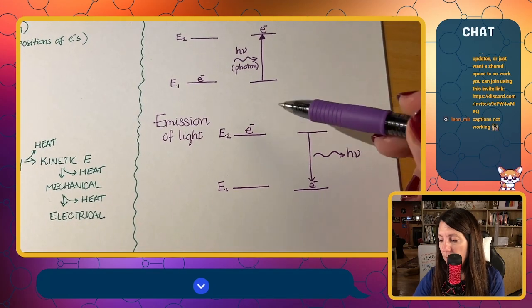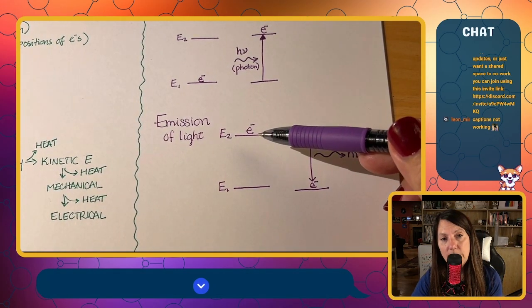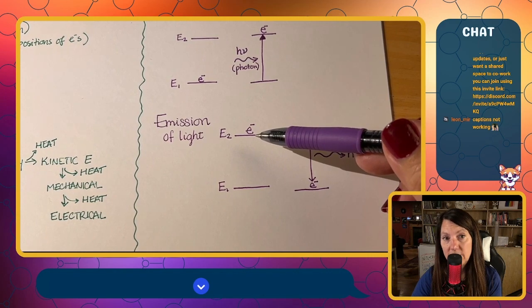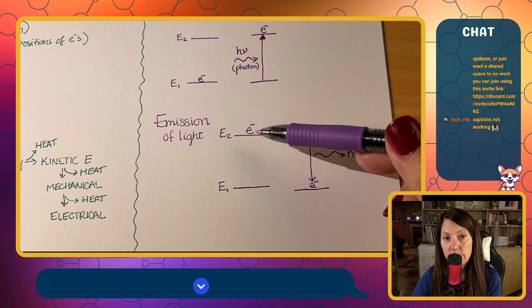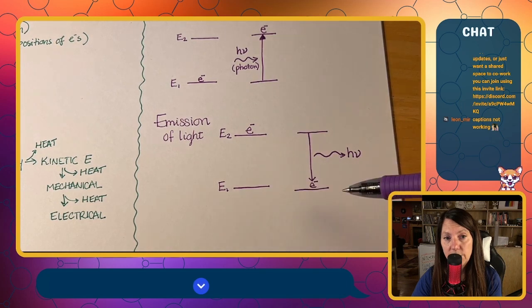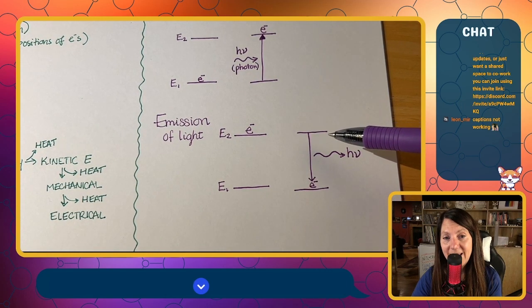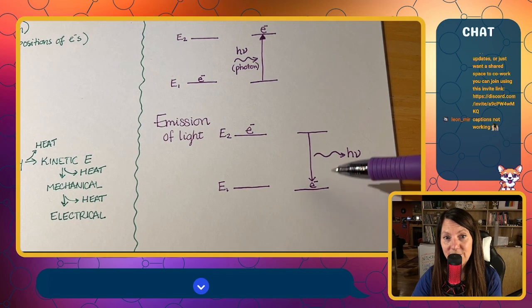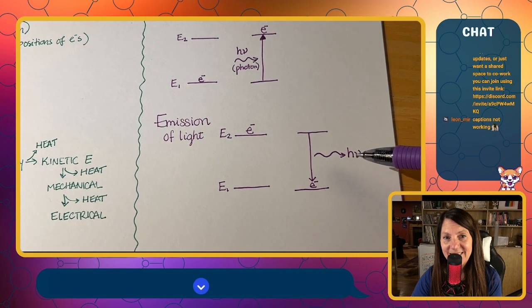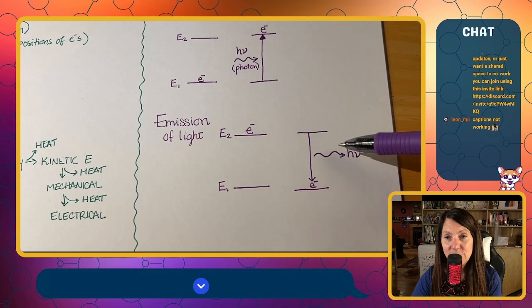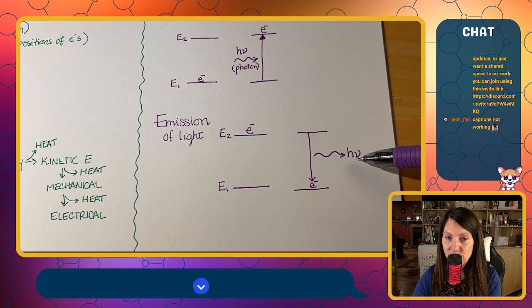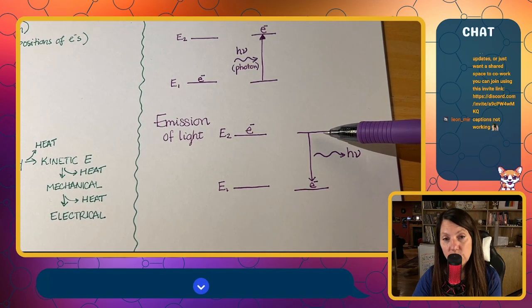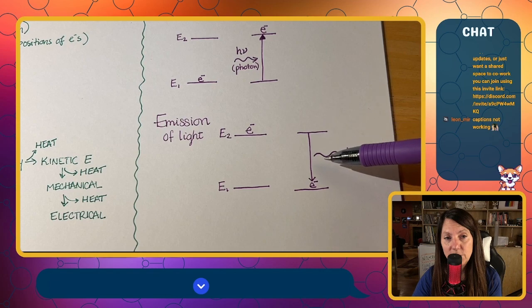That isn't to say that there maybe are other ways that this electron could lose energy when it drops from being up here down to here. But one way is by losing a photon. Okay, so this electron drops down, the photon comes out, and by definition, the energy of this photon equals the difference in energy between energy level 2 and energy level 1.